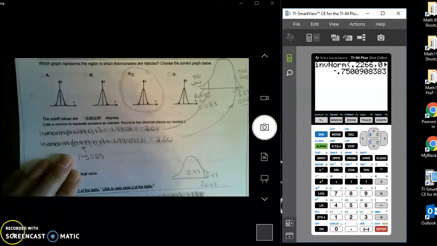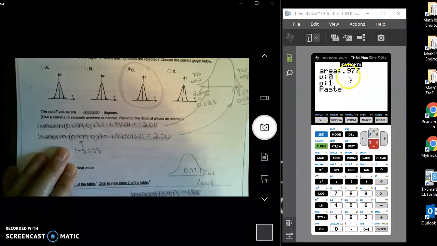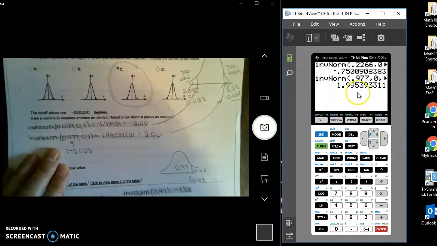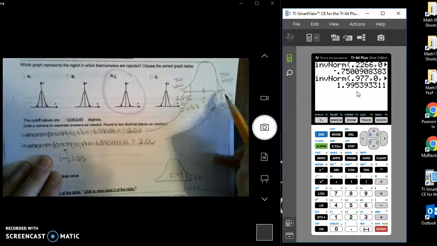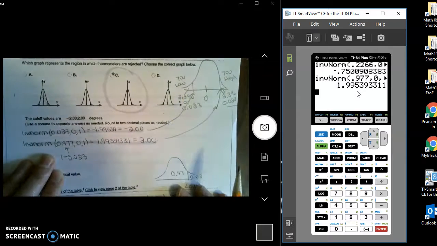I'm going to pause and plug in the calculator. I put inverse norm, area to the left, 0,1. And I did get the answer of 1.99, which makes sense because if you think about 0 being here, this should be a positive number, this should be positive 2, and this should be a negative number.